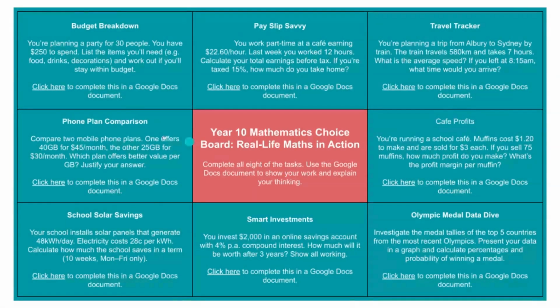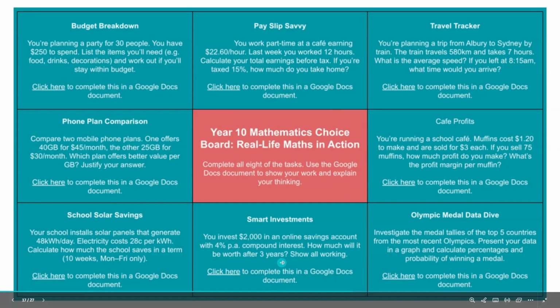And you can see here that I would actually embed and include a link to a Google Doc where my students would complete these particular activities and show their working out and explain their thinking. So I would probably have that set up on maybe Google Classroom, so that students can jump in and use that for this particular activity. So this one is obviously created, as I mentioned, in Google Slides.